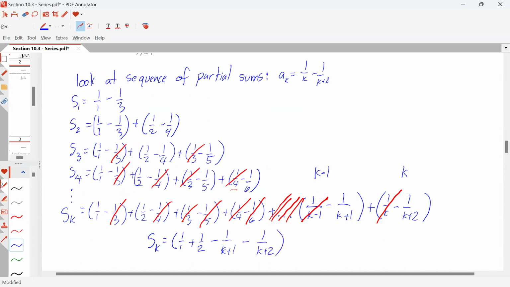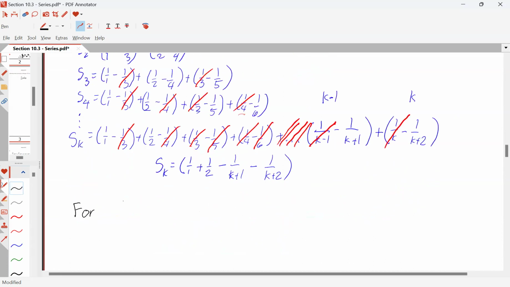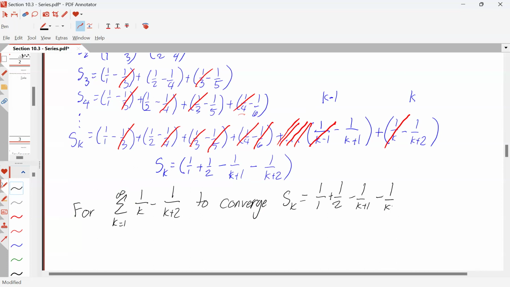And for the series of 1 over k minus 1 over k plus 2 to converge, S sub k, which is equal to 1 over 1 plus 1 over 2 minus 1 over k plus 1 minus 1 over k plus 2, needs to converge.